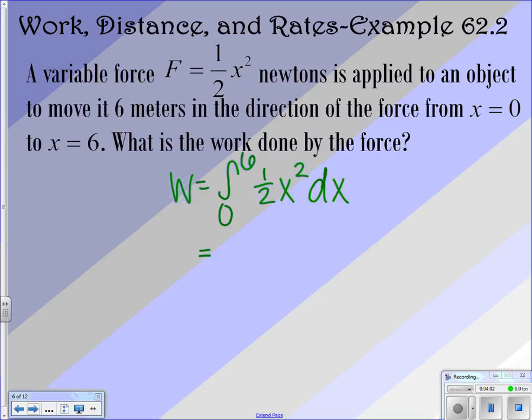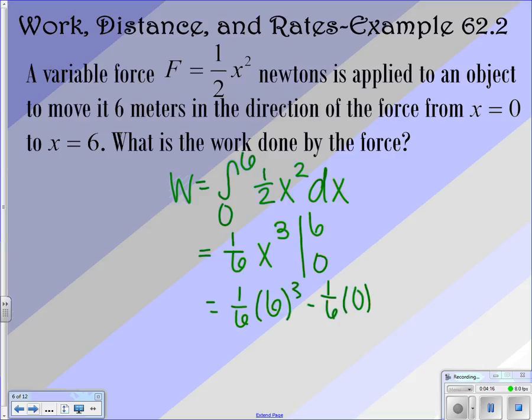So if you integrate that, you're going to end up with 1/6 x to the third, and then from 6 to 0, so we have 1/6 of 6 cubed, and then minus 1/6 of 0 cubed. So 1/6 of 6 cubed is just basically 6 squared, which is 36, and your units is joules. So that's the work done by the force.